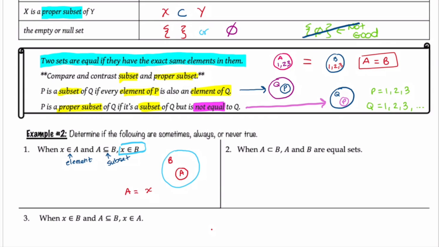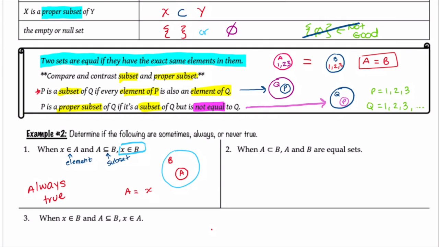Yes, it is. Why? Because if I have a subset, then every member in that small set is also going to be a member of the big set. So this is always true. It's always true based on our definition.